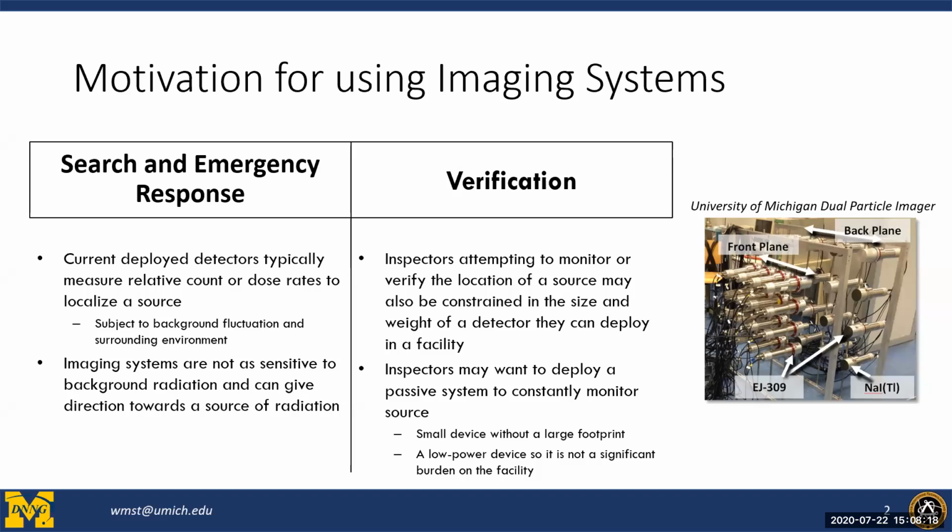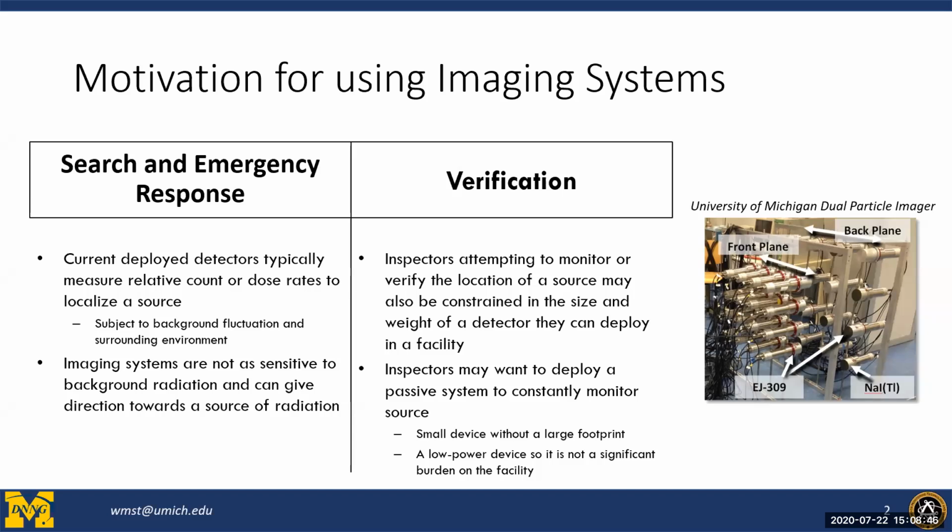Another application for imaging systems that is of interest is for verification. So it was a case study actually at Oak Ridge National Laboratory where they were trying to verify a plutonium beryllium source. And they were trying to do this via spectroscopy, looking at the americium emitted from the source. And they were having issues because they were looking at count rates, specifically using a high purity germanium detector.